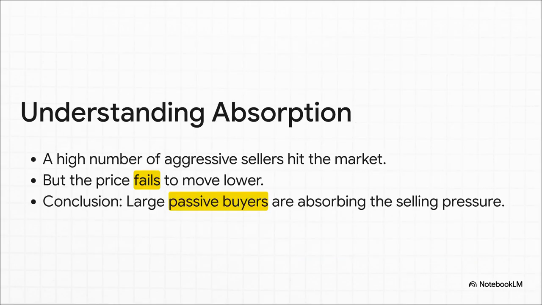So imagine this. Sellers are just hammering the market, creating this huge negative delta. You'd expect the price to fall off a cliff, but it doesn't budge. It just sits there. That is absorption. It's a massive clue that a large, passive buyer is quietly sitting there soaking up every single sell order that's thrown at them. It is a powerful sign of hidden strength.